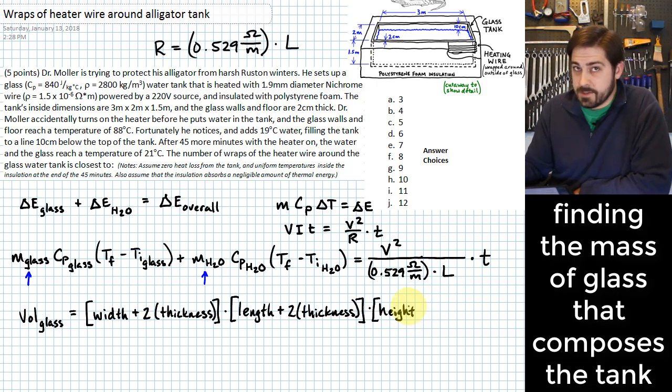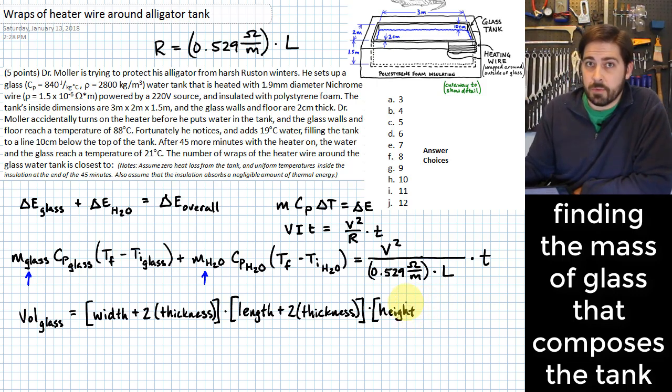And what's tricky here is this has an open top, and so we're not going to add 2 times the thickness, we're just going to add 1 time the thickness. And I need to take all of this and subtract.